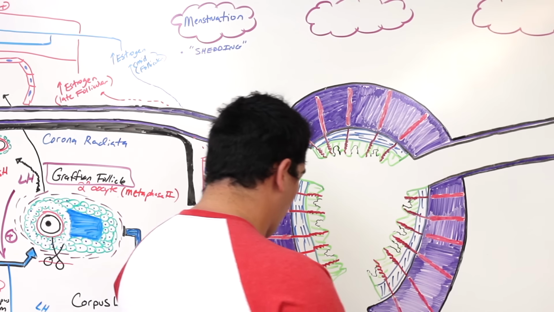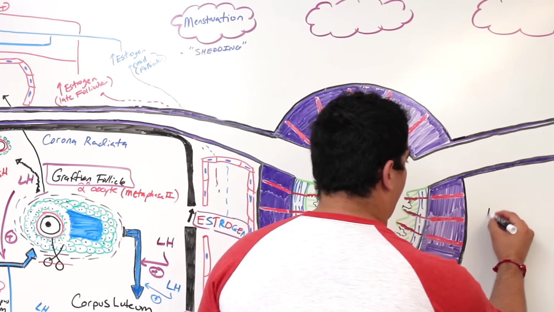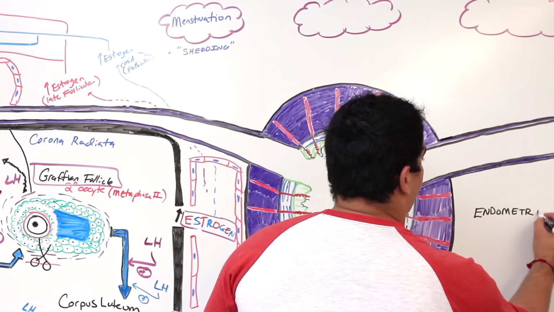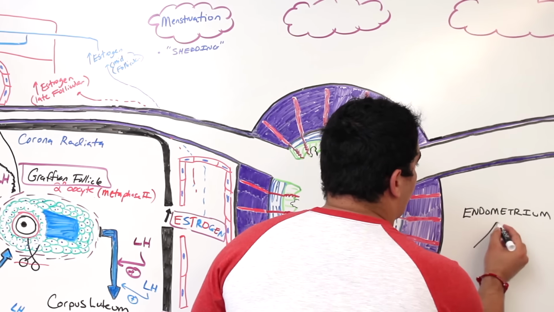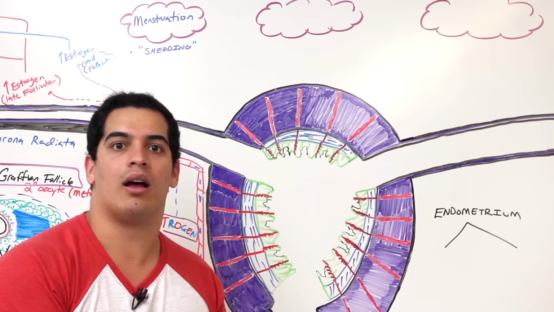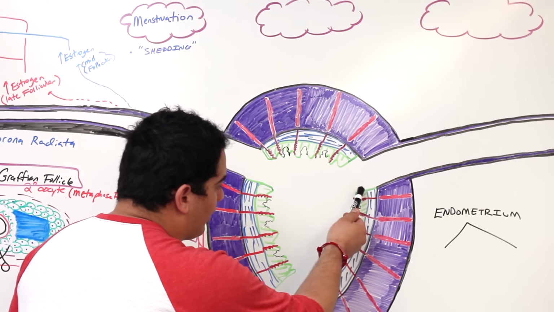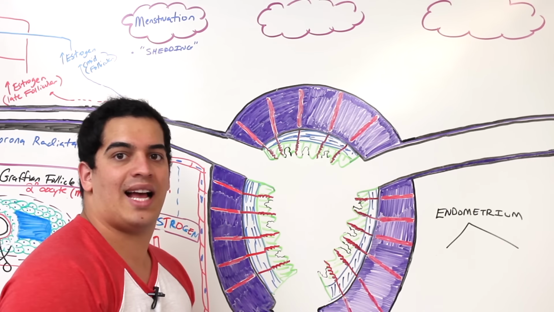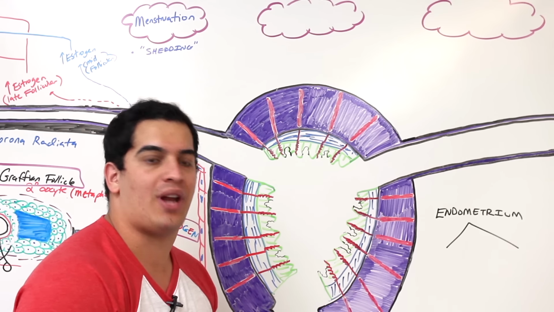Again, what are the layers here? The specific layer is called the endometrium. The endometrium is composed of two sublayers, or strata. This lime green one is called the stratum functionalis.